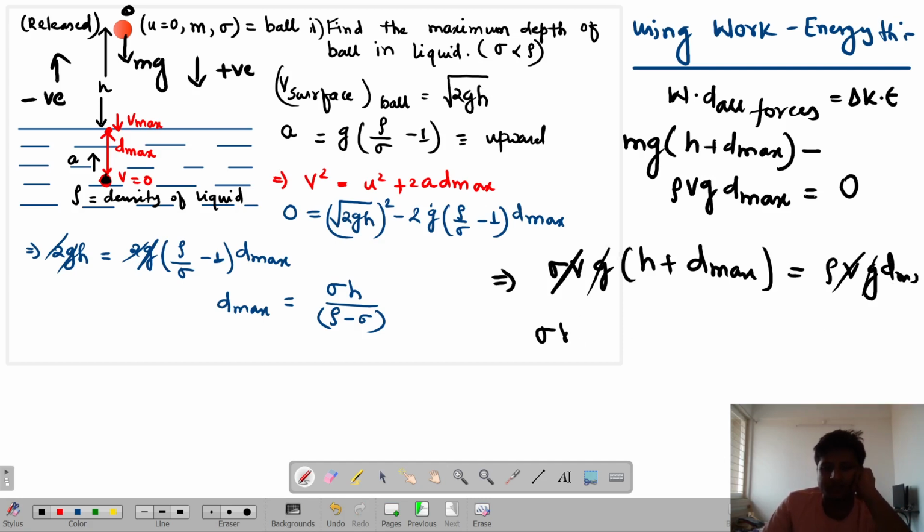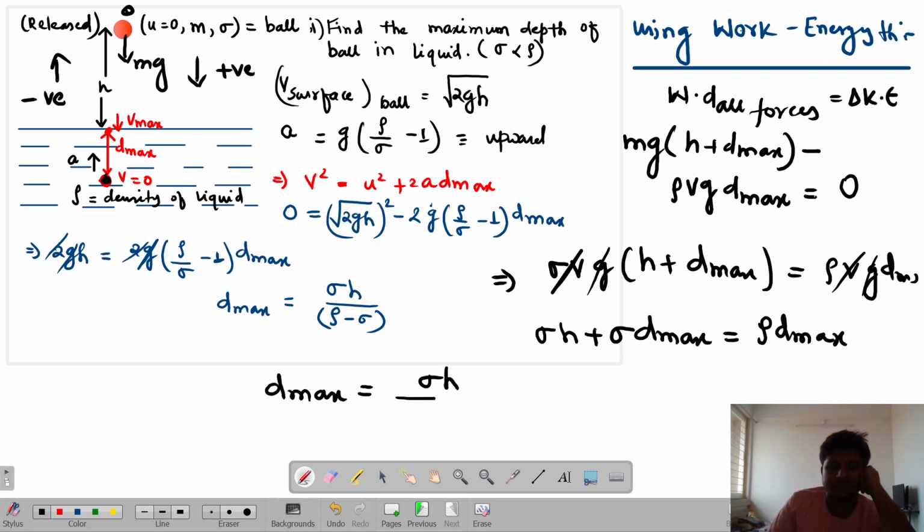Sigma h plus sigma into d max is equal to rho into d max, and this gives us the conclusion that d max is nothing but sigma h by rho minus sigma. So this can also be utilized to find the answers.